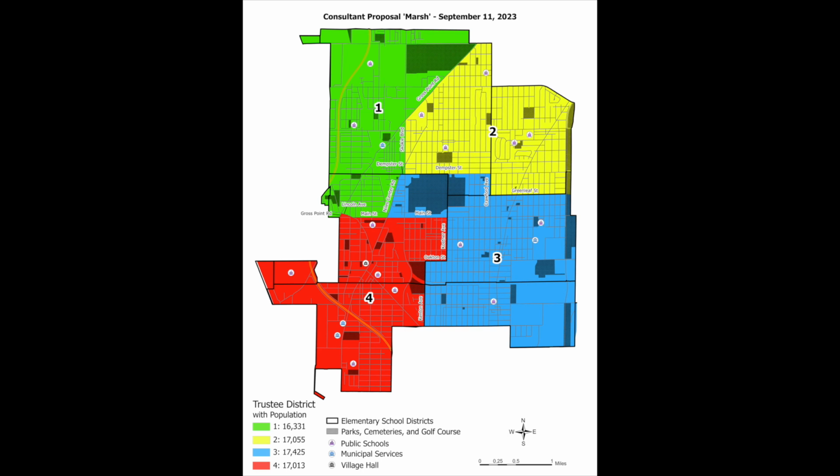The third map, which we call Marsh, to my eye is the one that has discrete blocks to it. Although all three maps in terms of compactness come out about the same, this one appears to be more compact.